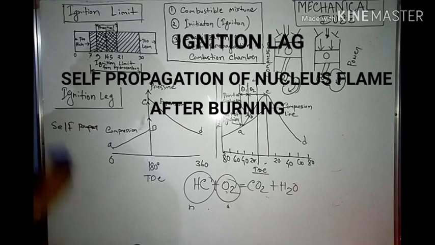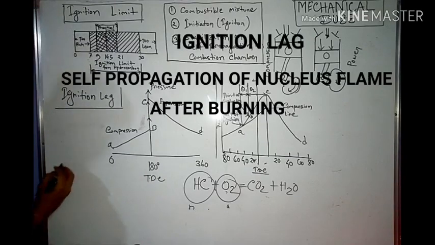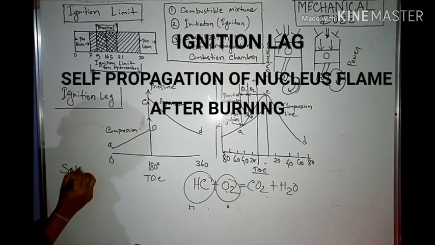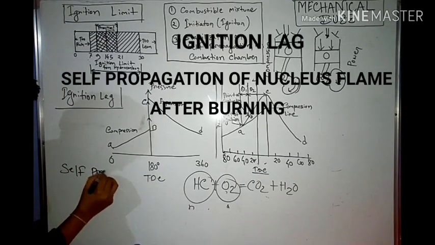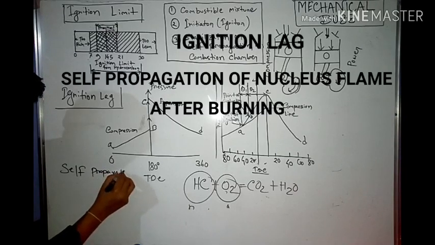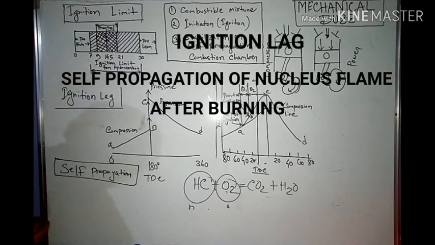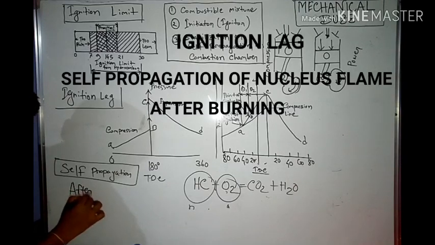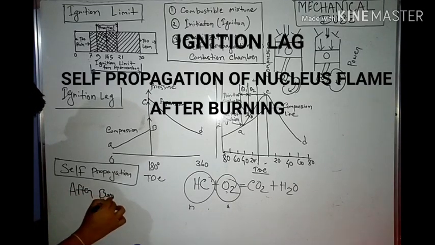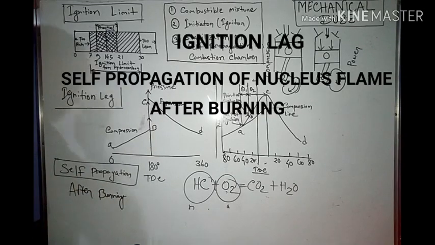I'm sorry it's not getting enough space, so I'm writing it here and boxing it up to isolate it. And the third one is afterburning. So we're going to look at these three stages of combustion.